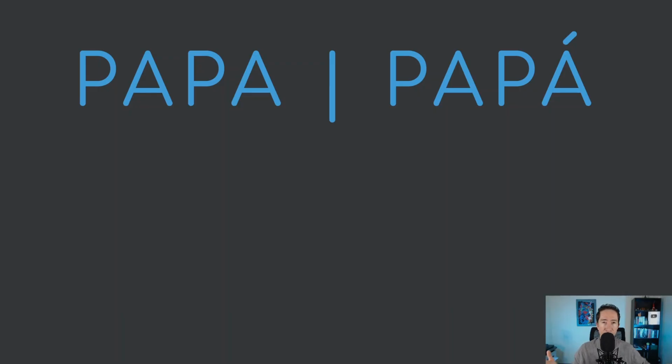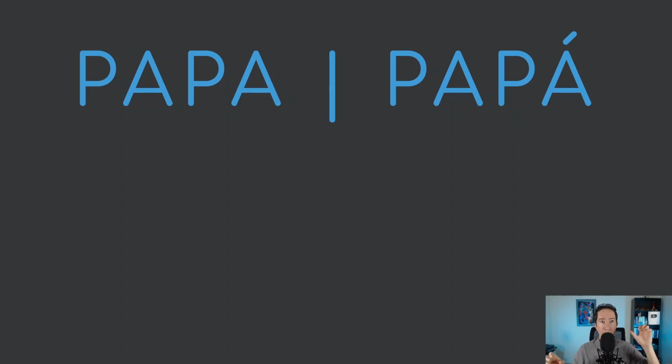A lot of people say papa, dad, father. Well, I know that father is more formal, but whatever. The thing is that the accent over the letter A changes the meaning of the word.